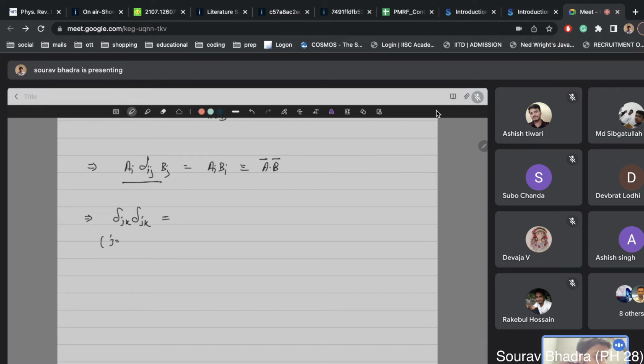If j equals k, only those values will exist. So actually it is delta jj, and if I write it in open form, it will be delta 11 plus delta 22 plus delta 33. All these delta functions individually have a value of 1, that means 1 plus 1 plus 1, that is 3. These are so simple things.